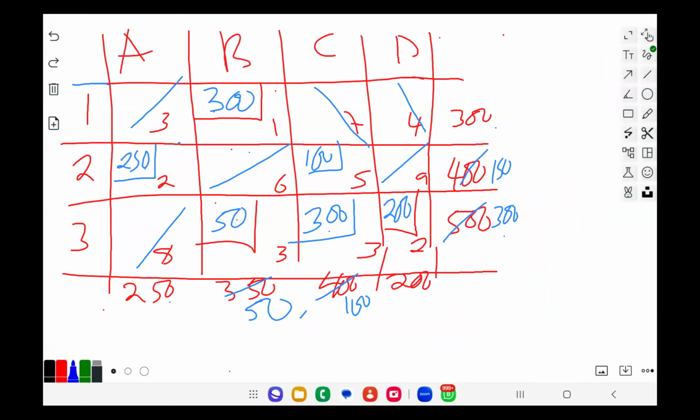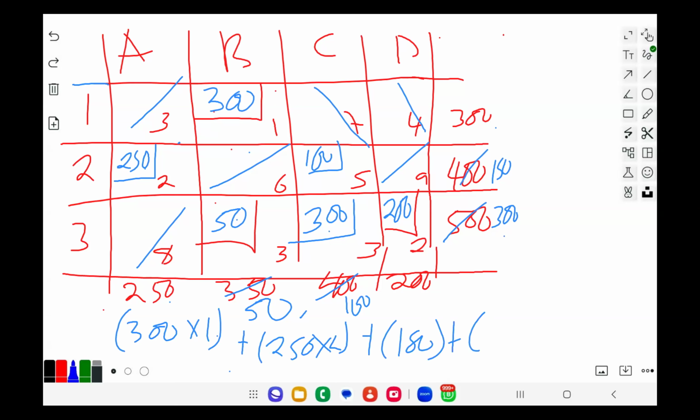In the allocated cells, there is 300 times 1, plus 250 times 2, plus 50 times 3, which is 150, plus 100 times 5, 500, plus 900, 300 times 3, plus 200 times 2, 400.